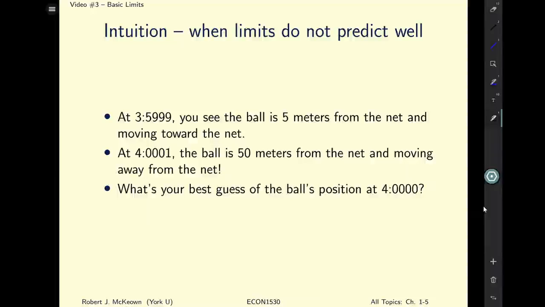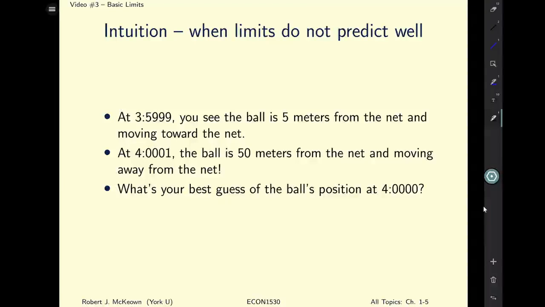Now, sometimes limits don't always work. So sometimes we can use this, but other times it doesn't work very well. Not all functions have well-behaved limits. And here's an example of a function where limits don't really help us very much.